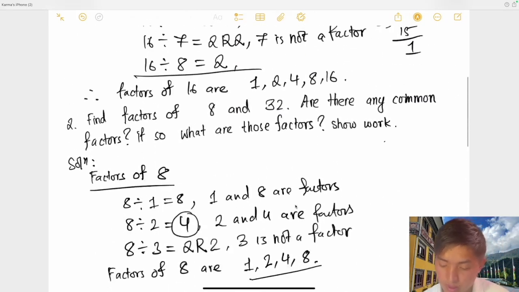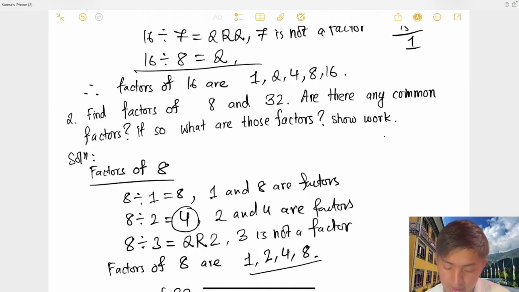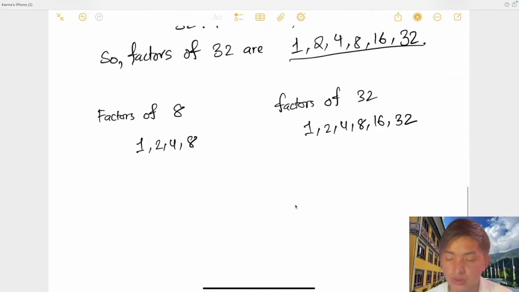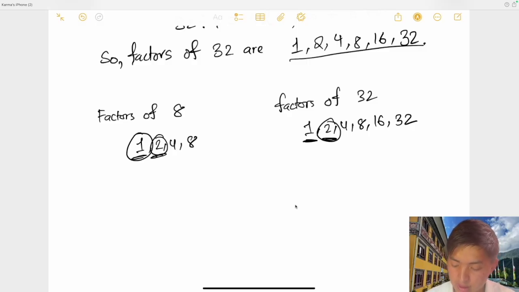Now, according to our question, are there any common factors? Do you notice any common factors between the factors of 8 and 32? As you can see, the first factor 1 is common to both 32 and 8. So this is one of the common factors. And 2 is also in both factor sets, so 2 is also a common factor. And you'll see 4 is also there, as well as 8.